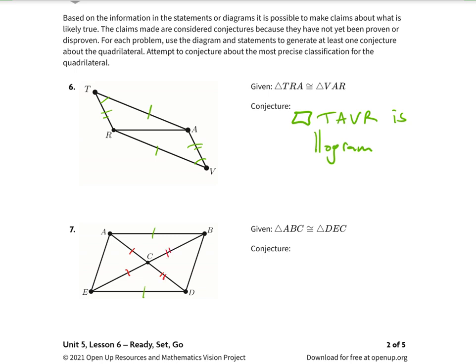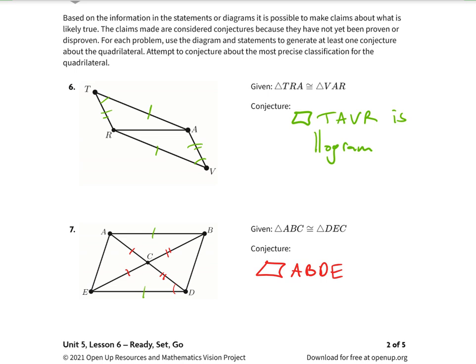These angles. Okay. So once again, I'm going to say that this is another parallelogram. So what we want to look at, AB, DE. All right, so here, these guys are congruent.